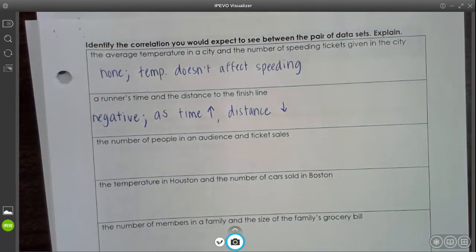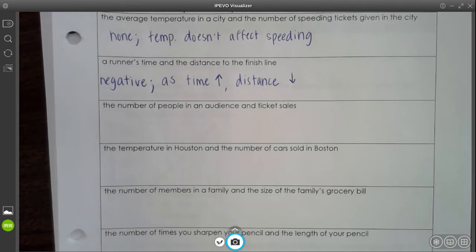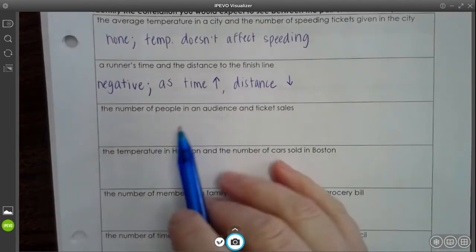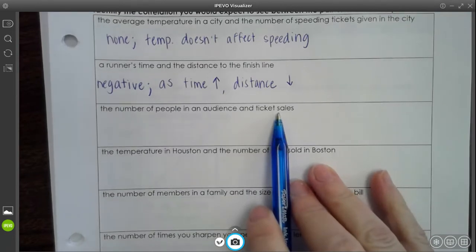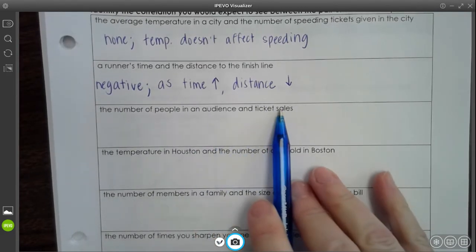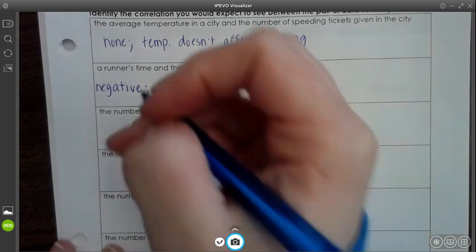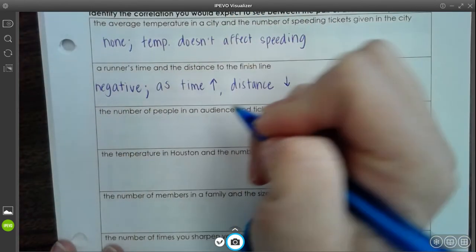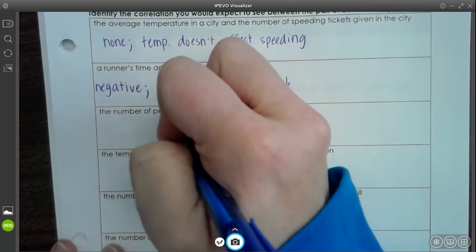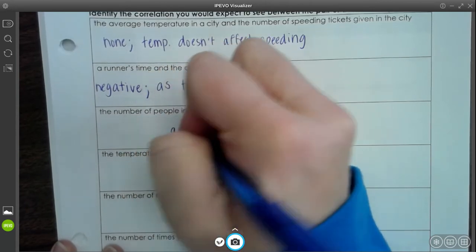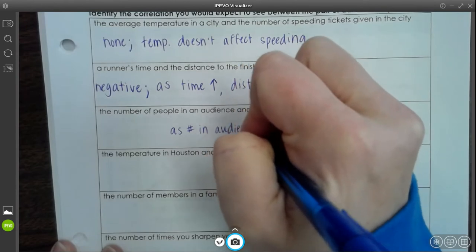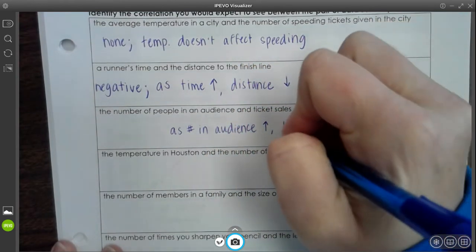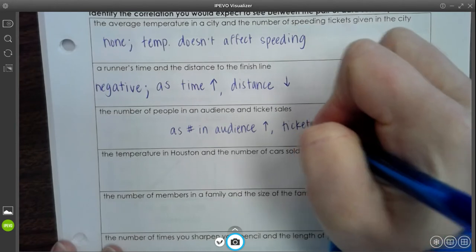Okay. The next one is the number of people in an audience and ticket sales. As the number of people increases, what would happen to your ticket sales? Well, the more people you have, the more ticket sales you're going to have, right? So if they're both going up, as the number in the audience increases, your ticket sales are also going to increase, right?